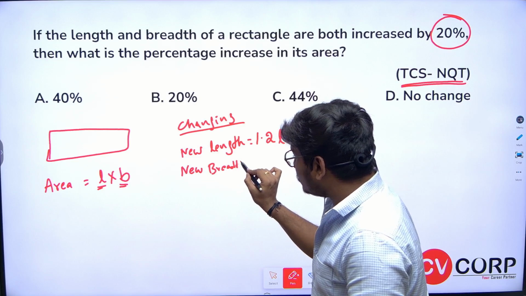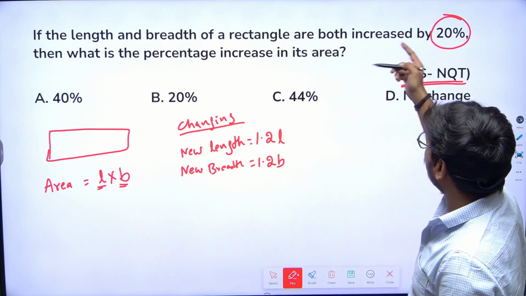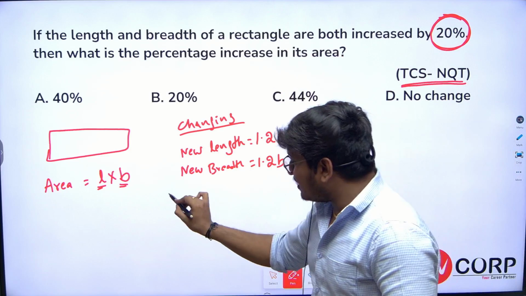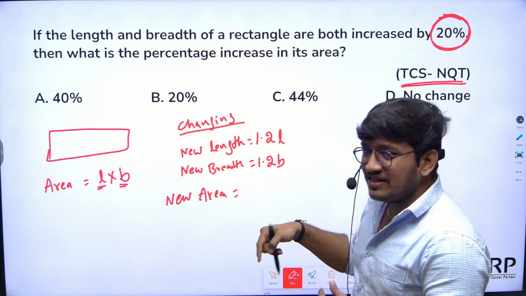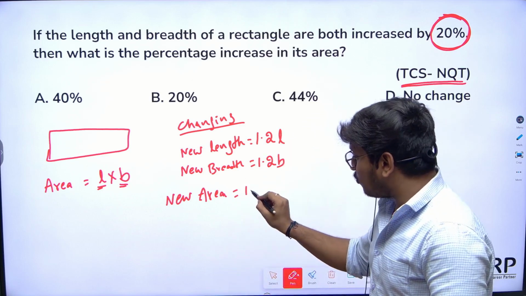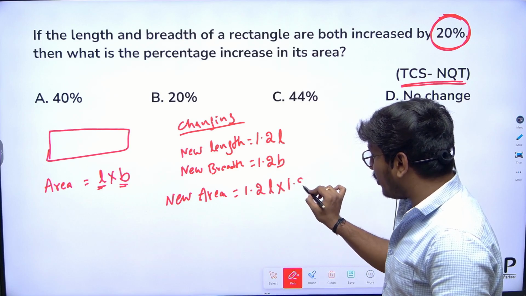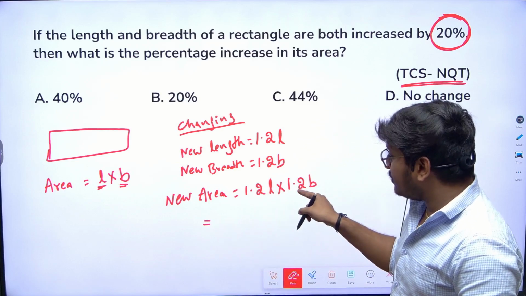Now what is the new breadth? Breadth is also increased by 20%. Here they mentioned that both are increased by 20%. The new breadth is 1.2 B. Obviously the new area will be length into breadth, correct? So the new length is 1.2 L into new breadth 1.2 B, which is equal to 1.2 into 1.2.